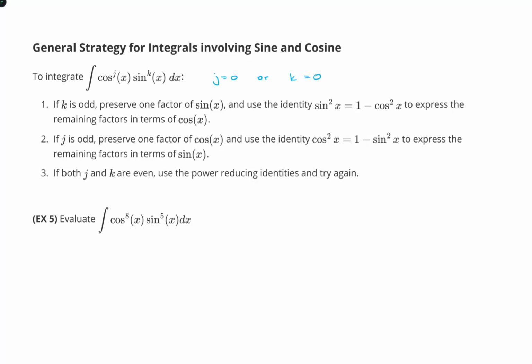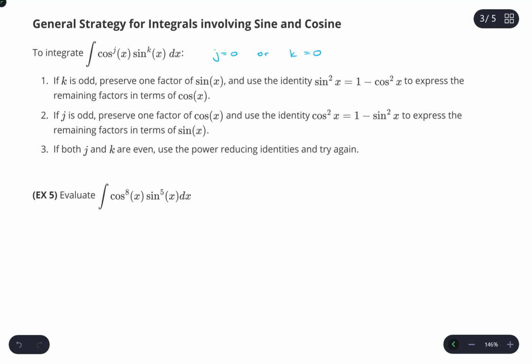So let's take a look at a couple more examples and show you what I mean in a few instances here. So I have one, evaluate the integral of cosine to the 8th of x, sine to the 5th of x dx. Now, based off of our assessment, we really want to focus on this factor of sine to the 5th x, because it's got that odd power.